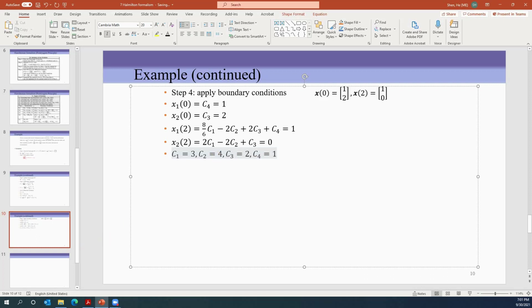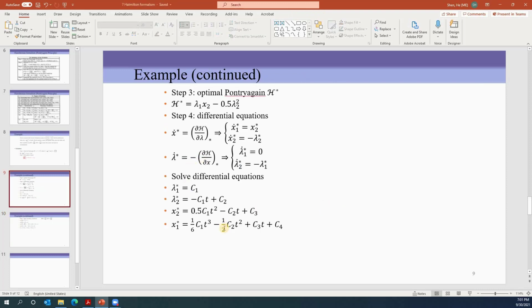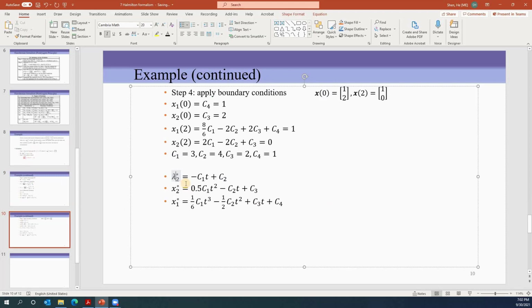Now we found everything. We will know our optimal control and optimal state, right? We already know u is equal to negative lambda 2, which is C1 t minus C2. And C1 is 3, so 3t minus 4.